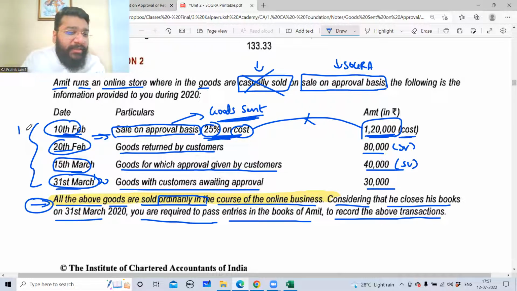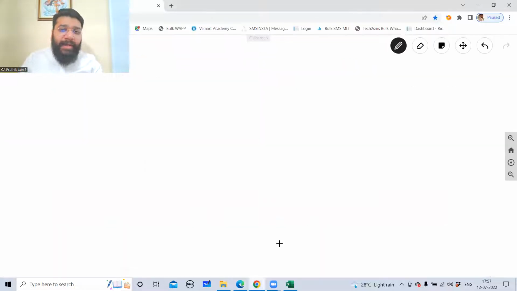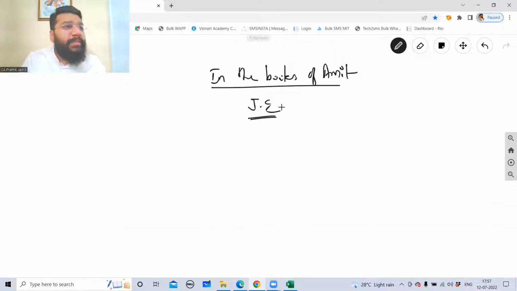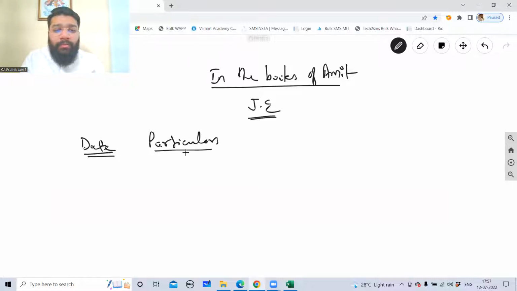The first transaction is taking place on 10th of February. This is happening in the books of Amit. So heading, guys: in the books of Amit, journal entries. Can you write JE in the exam? No. You have to write the full form. Date, particulars.